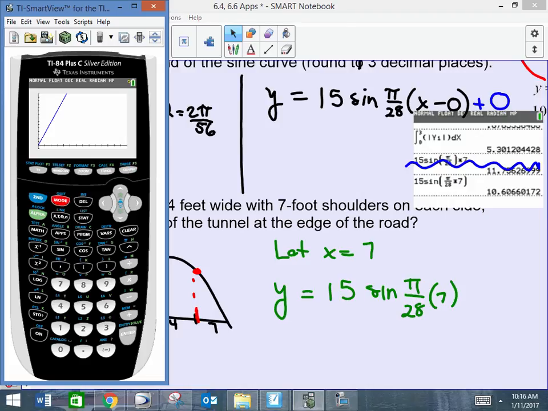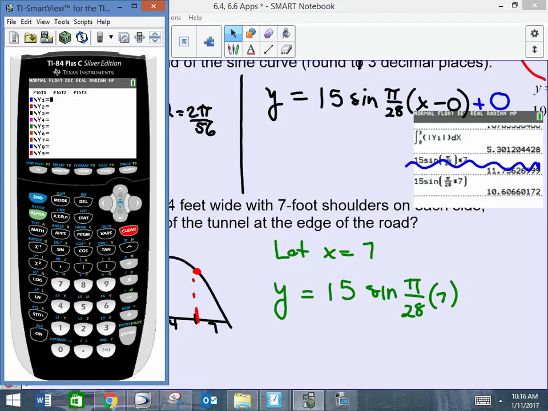I'm trying to put x in there, but did I not do it? 15 sine of pi over 28x, right? I did that because I didn't want to make my goofy fraction.